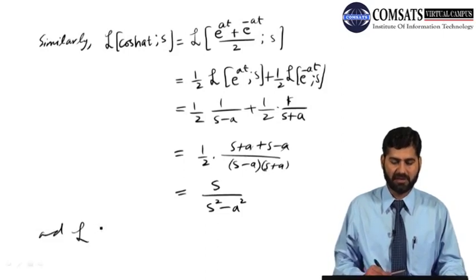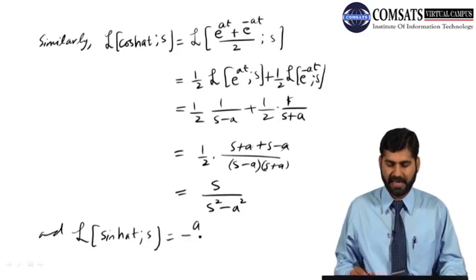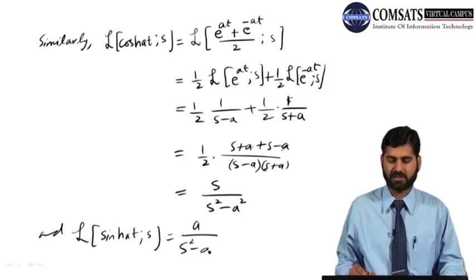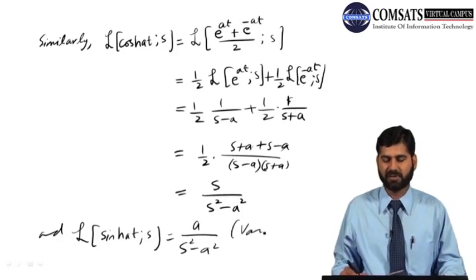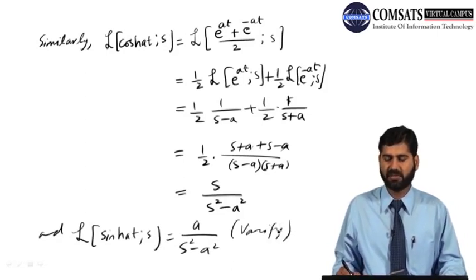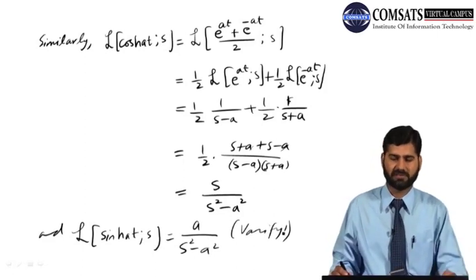And similarly, you can verify that Laplace transform of sine hyperbolic at s is a over s square minus a square. It's very easy. Similarly, you can find the Laplace transforms of other functions as well. The important ones are t square, t to the n. So let's find Laplace transform of t to the n.